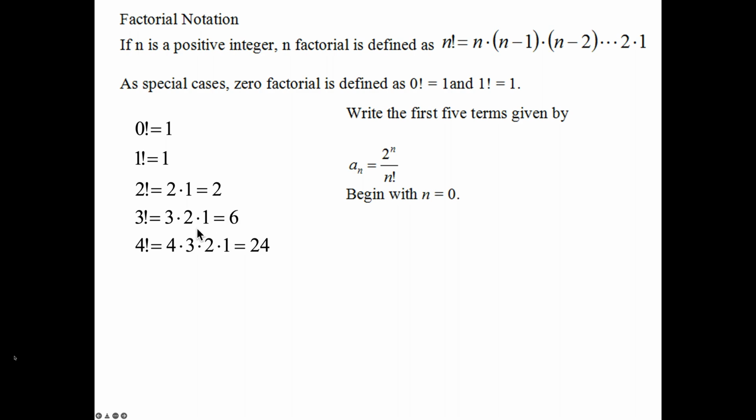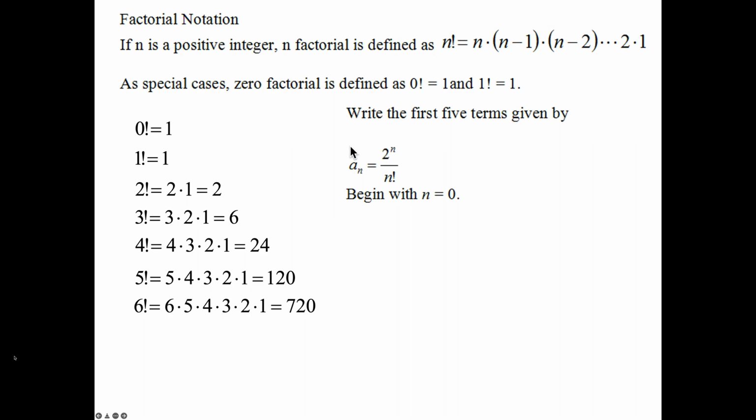Take the last number, multiply it by 4, 24. Take the 24, multiply it by 5, because there's your 4, 3, 2, 1, multiplied by 5, 120. 6 factorial, 6 times 5, 4, 3, 2, 1, which we did up here. So 6 times 120, 720. That's a way you can find your factorials.